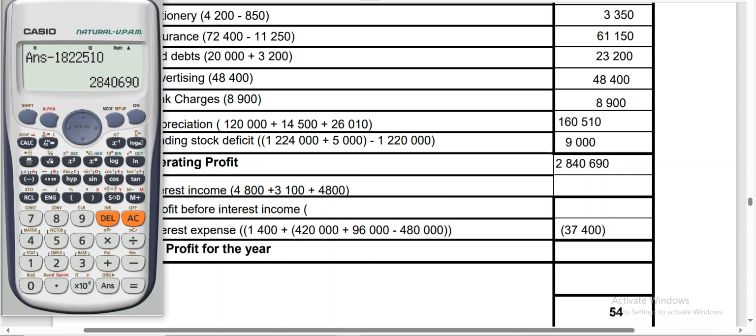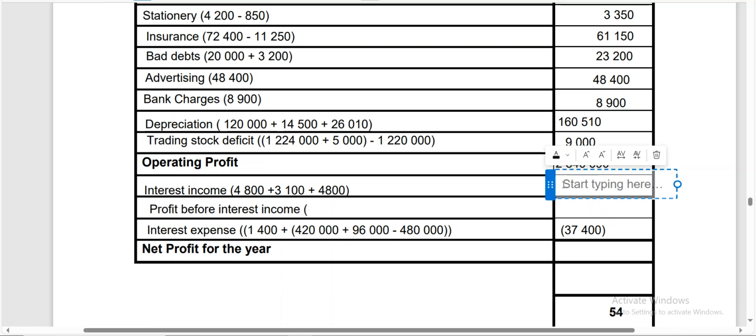So if we say 4,800 plus 3.1 and then plus 4.8, it is giving us 12,700. So our interest income will be 12,700. So let's see here.